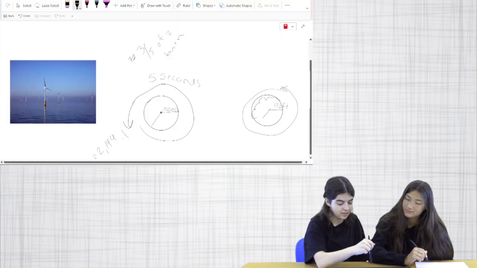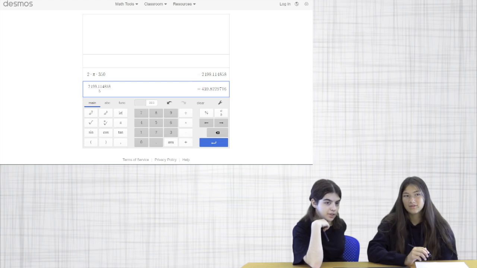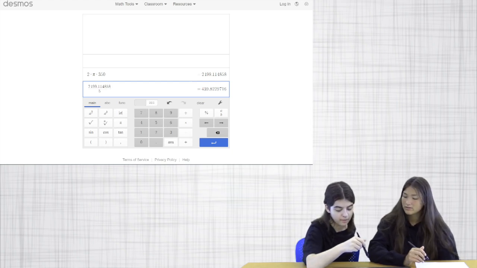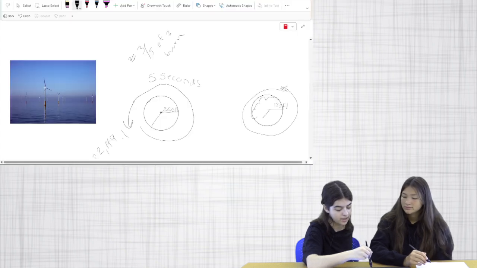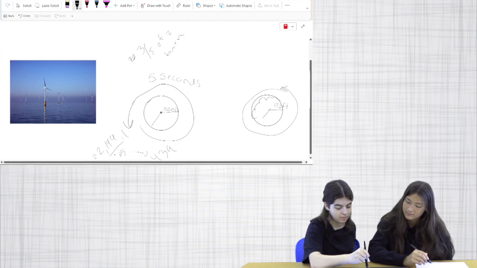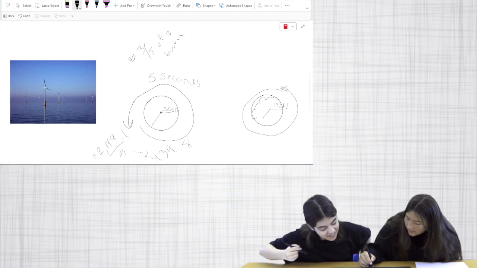And what does that 439.8 represent? Like a fifth of the total whole circumference. I see. So 439.8. I wanted to make the approximate symbol, but it's too close to the other thing.